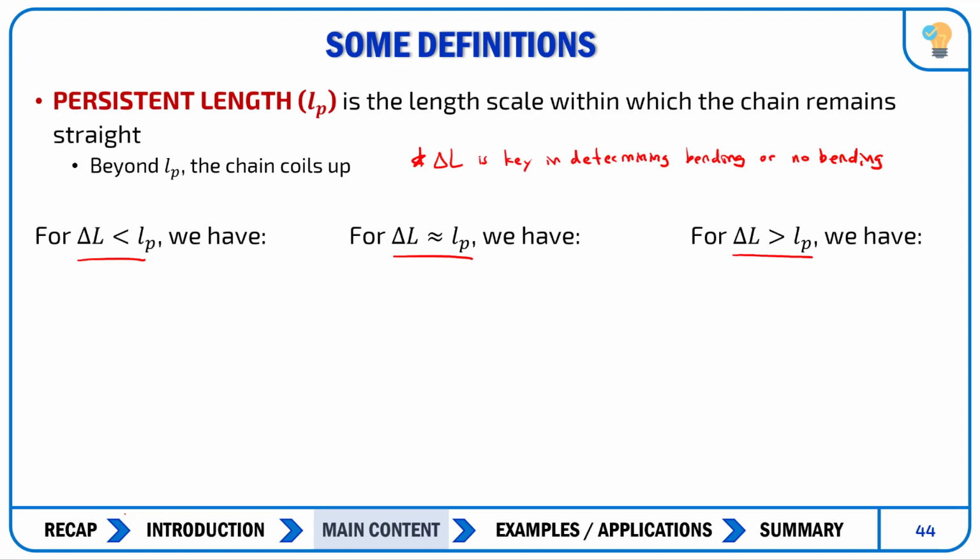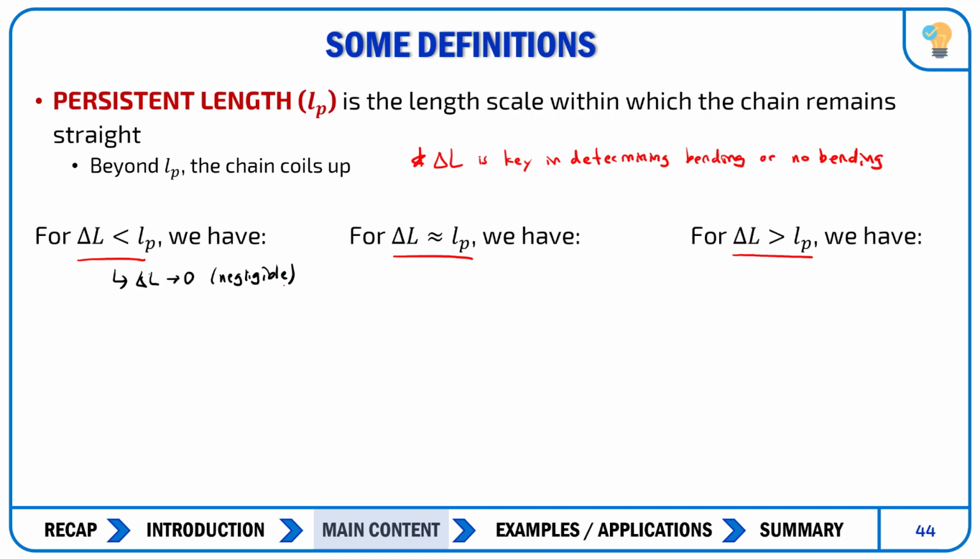So if delta L is a lot smaller than LP, delta L gets close to 0, or is essentially negligible.